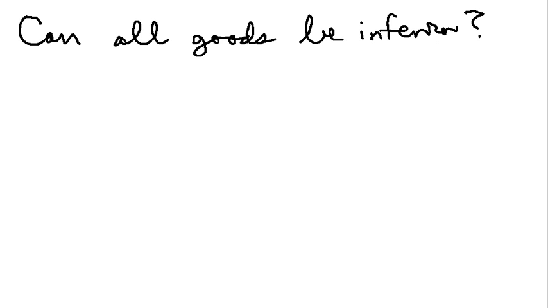And the reason for this is that if I have more income, relative price held constant, then in a two-good environment, for example, if I'm consuming less of one good, then I'm going to have more money left over than I did before, and that money is going to have to be spent on the other good, and I'm going to have to buy more of that other good than I did before. So it's going to turn out that at least one good always has to be normal, so it's not possible that all goods are inferior.